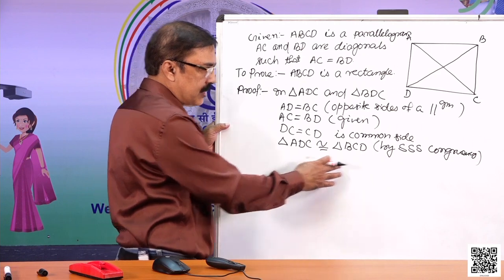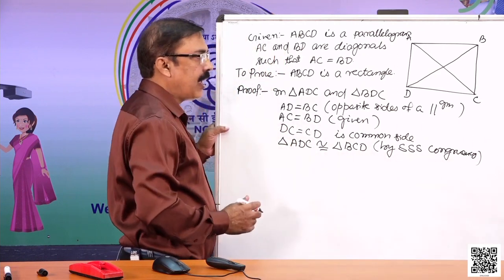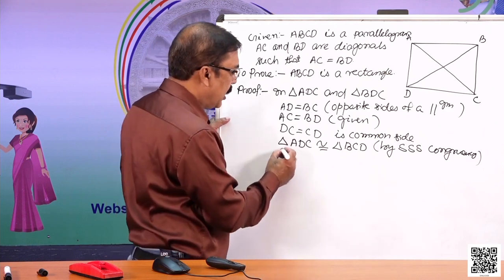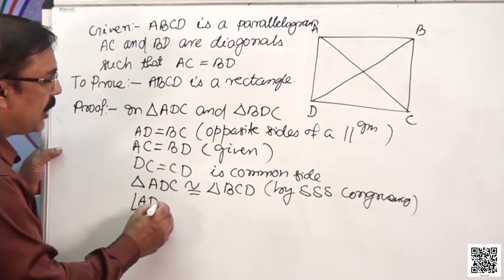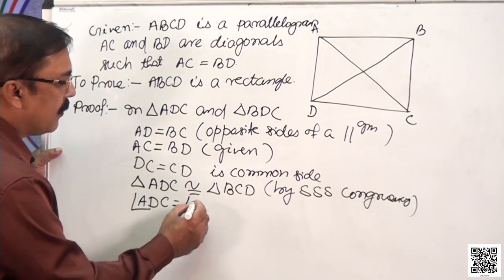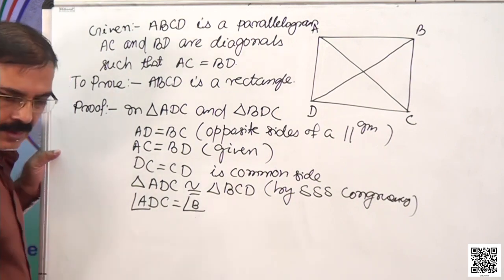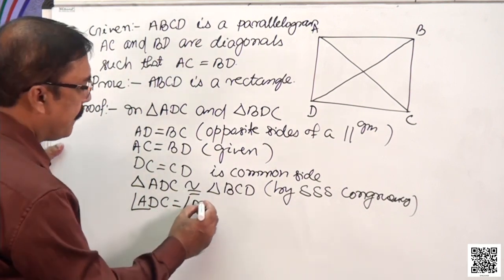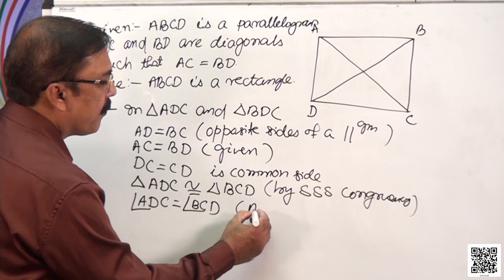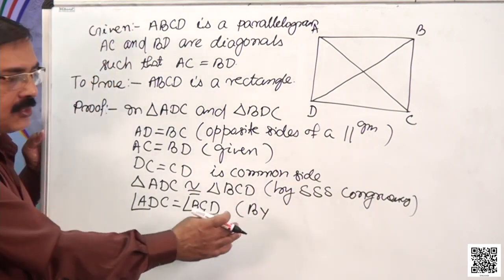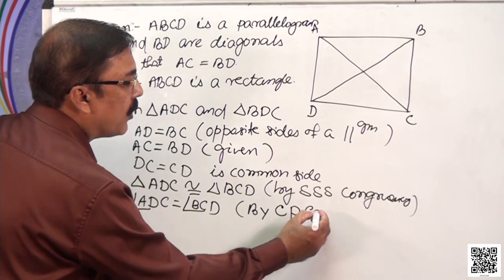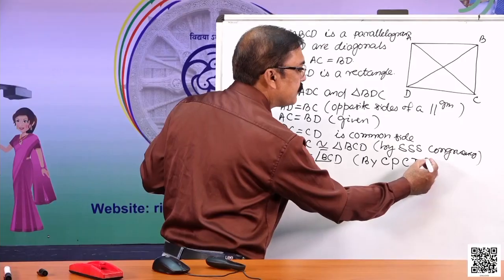Now, if these are congruent, then we can have equal parts, like angle ADC is equal to angle BCD by corresponding parts of congruent triangles.